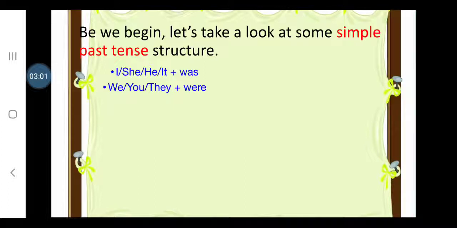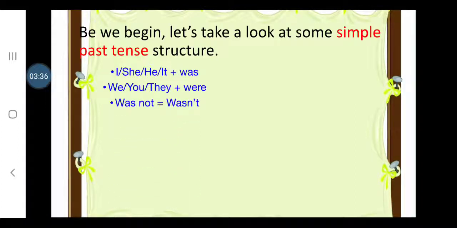For example, we were, you were, they were. We cannot say we was, or you was, or they was. No, no, no. Again, I repeat: I, she, he, it, plus was. And if you're referring to we, you, they, you need to use were.